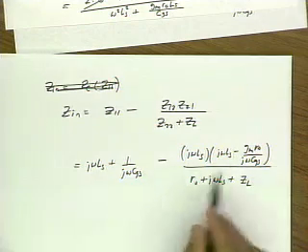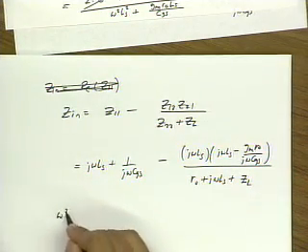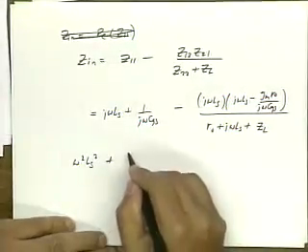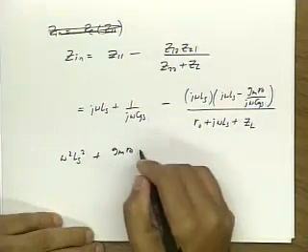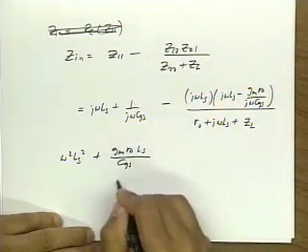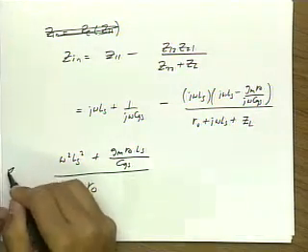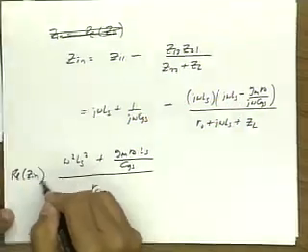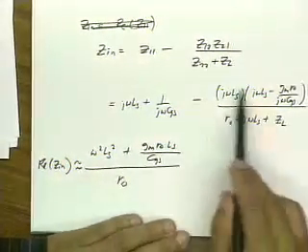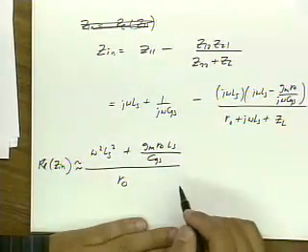So if I now multiply this numerator out again, I'll have omega squared Ls squared plus gm Ro Ls divided by Cgs, all divided by Ro. So I'm looking at the real part of Z in, and I'm claiming that it's approximately equal to this divided by just Ro.